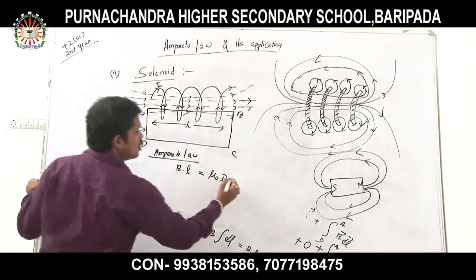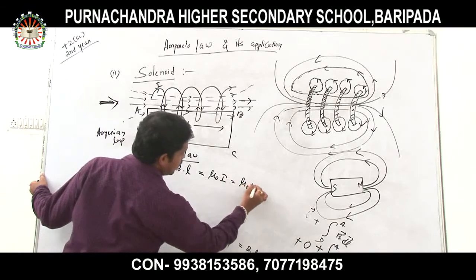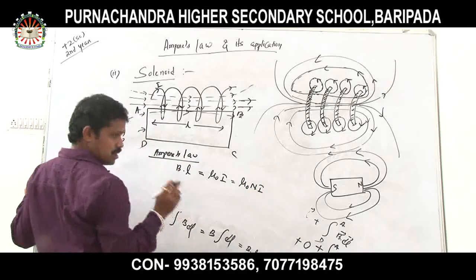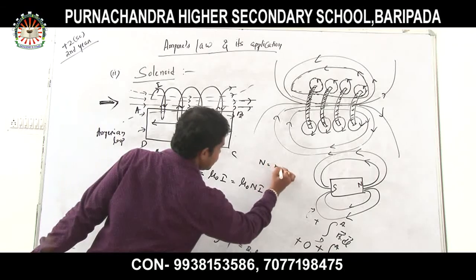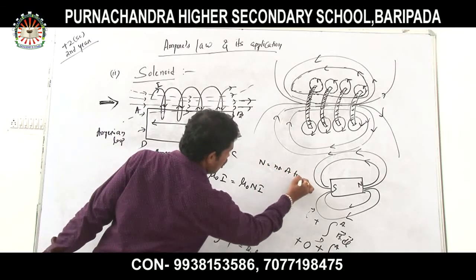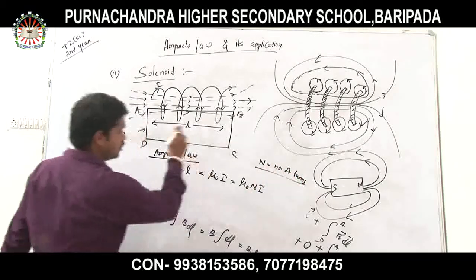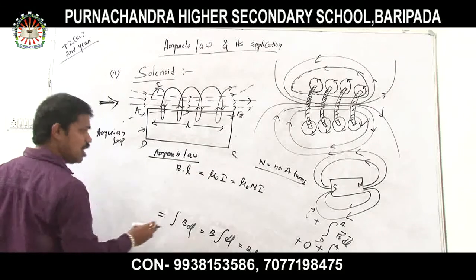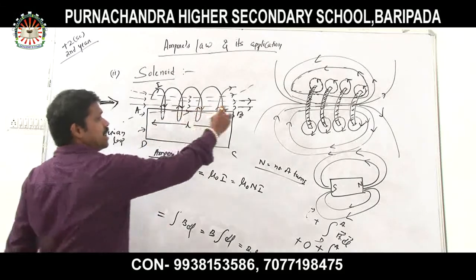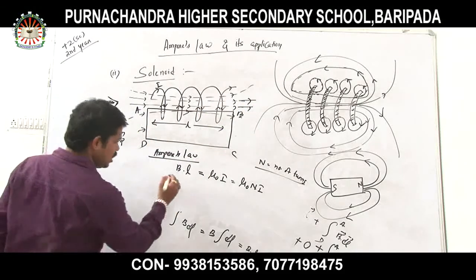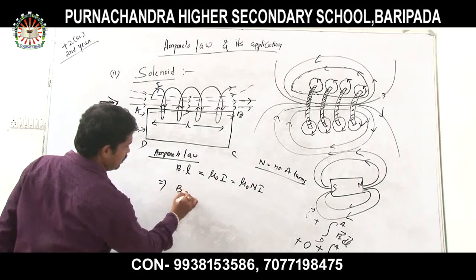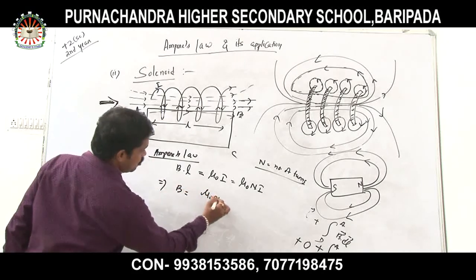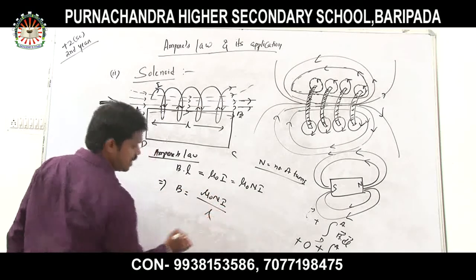So I have to write it here, mu 0 nI, where n is the number of turns in the loop. So that implies magnetic field B is mu 0 nI divided by L.